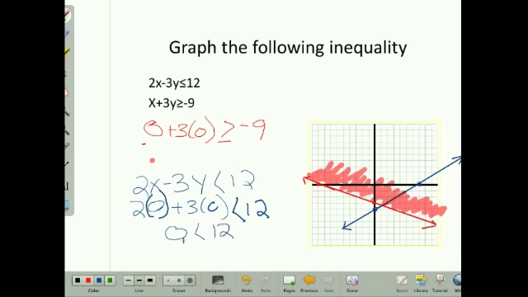And the answer to that is yes. 0 is less than 12. So again, I'm going to shade this particular section blue. And you notice that it's going to stop right here, because at this point it becomes false for the red, and everything in this top section that's integrated both red and blue is true.